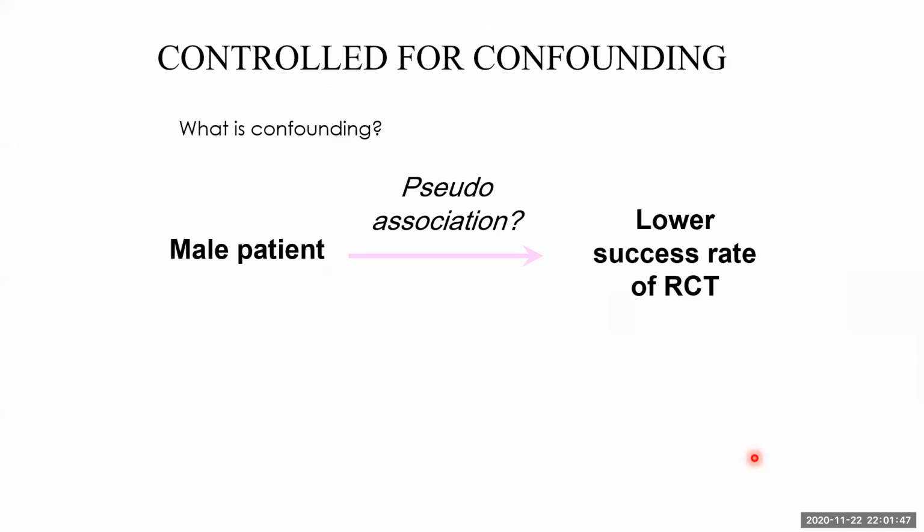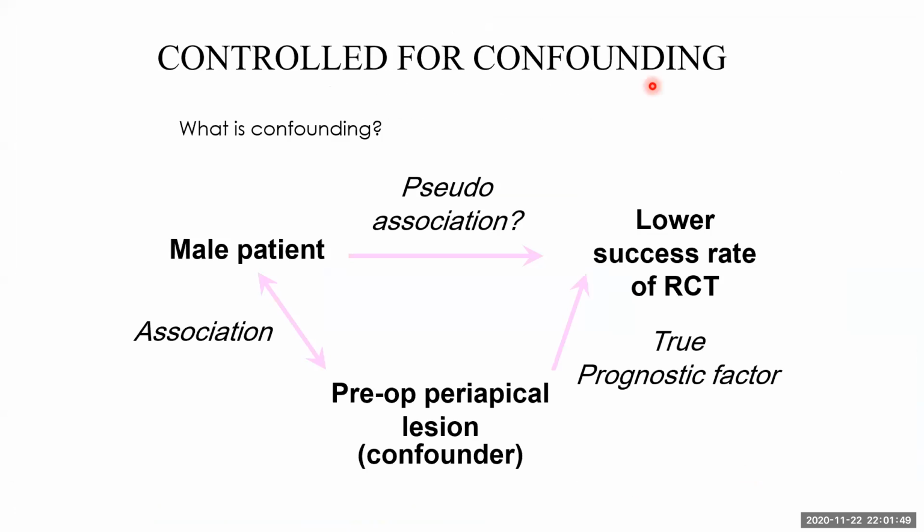How can we control for a confounding factor? As I explained before, subjects are different and there may be a hidden confounding factor. For example, we have this relation between male patients and lower success rate of root canal treatments. The real prognostic factor for the lower success rate of root canal treatments is a preoperative periapical lesion, which is considered as a confounder.